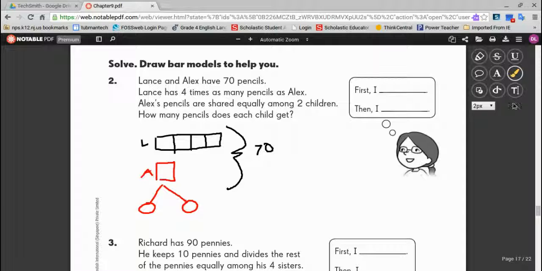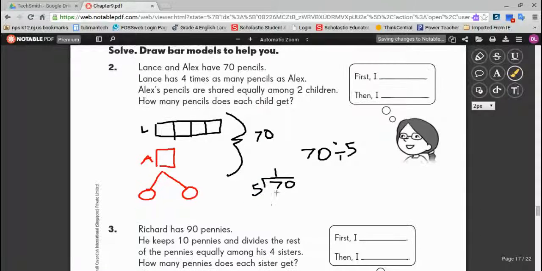So I'm going to take my 70 and break it up into 5 equal boxes, which means I'm dividing by 5 first. So the first thing I want to do is 70 divided by 5. Let's do that first in long division.